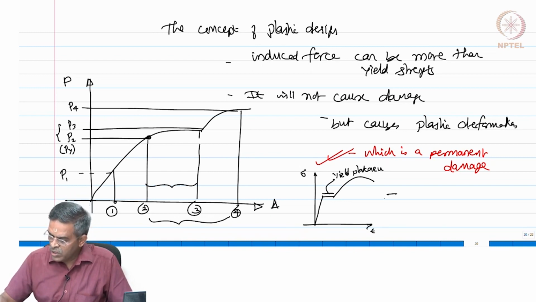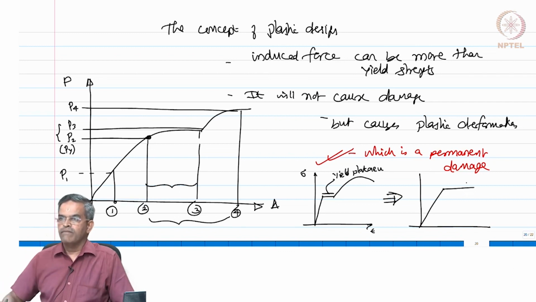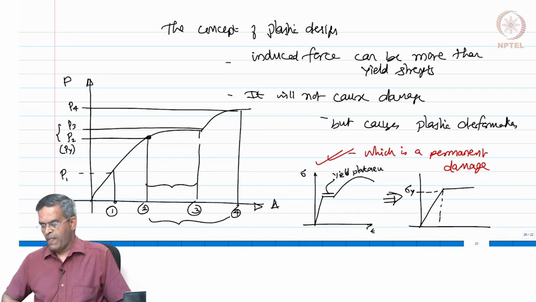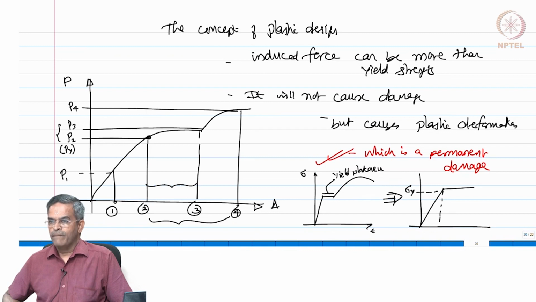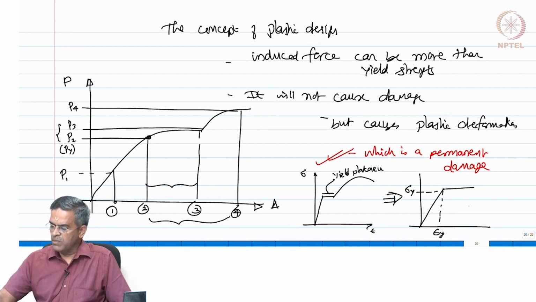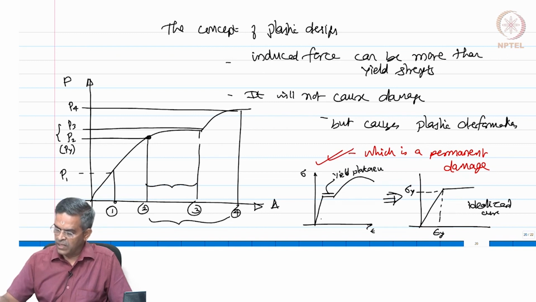This is now going to be idealized in my plastic design as a bilinear curve where I am going to stop this at sigma y, and this is my epsilon y. This is the idealized curve which I am going to use for plastic design. This is for steel.